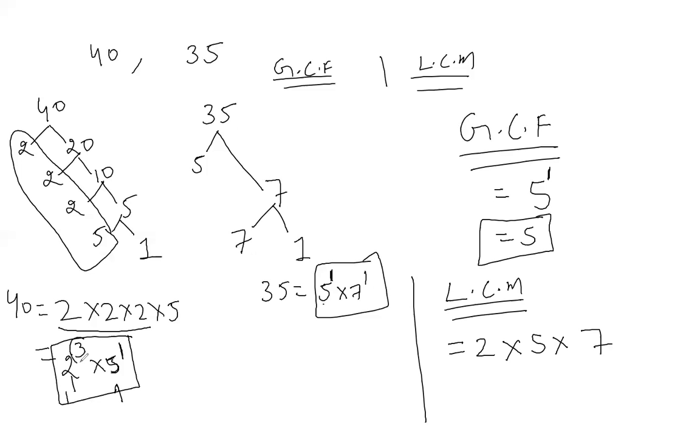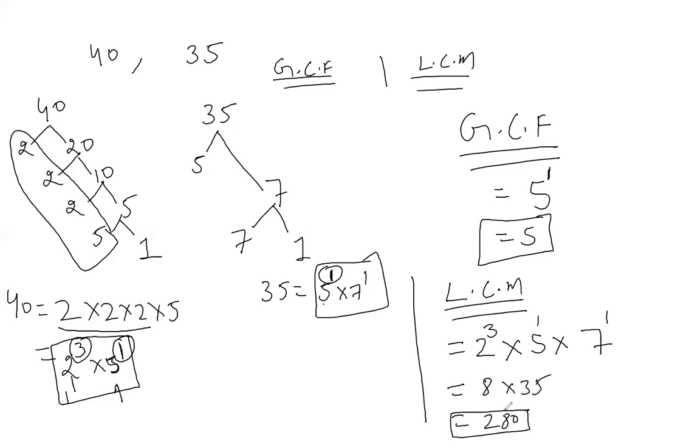The maximum power of 2 is 3. What is the maximum power of 5? We have just 1, and the maximum power of 7 is 1. It would be 2 to the power 3 is 8, 5 times 7 is 35, and then 35 times 8 is 280. So that is the LCM.